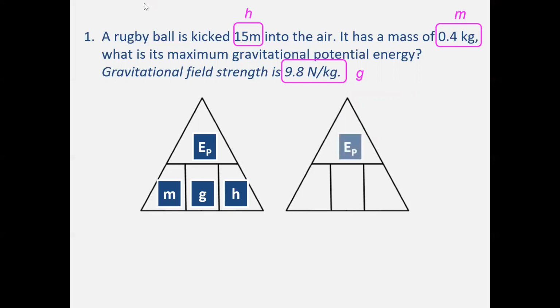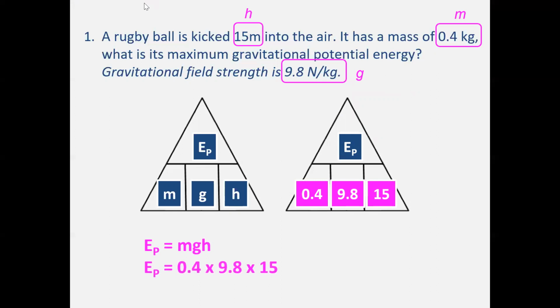So gravitational potential energy is 0.4 kilograms times 9.8 newtons per kilogram multiplied by 15 meters. And that would give you a gravitational potential energy store of 58.8 joules.